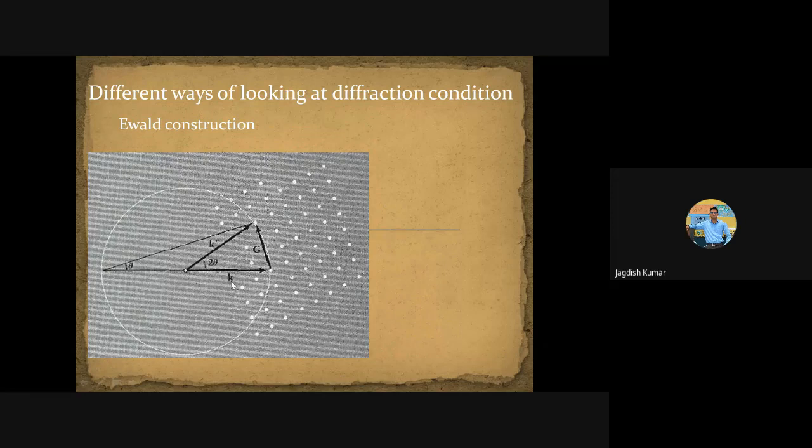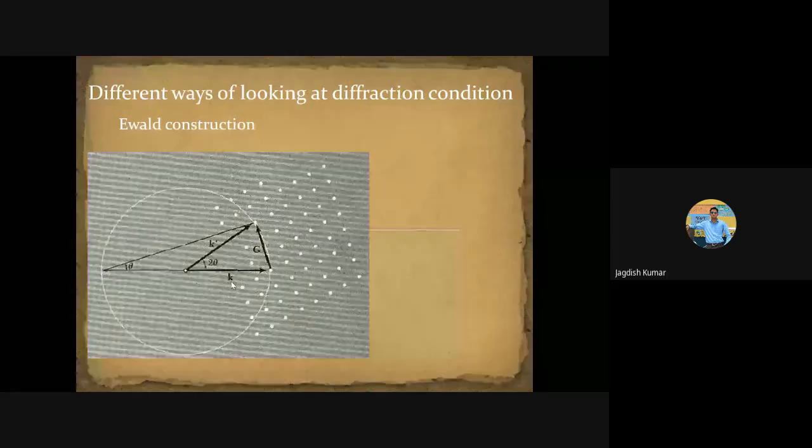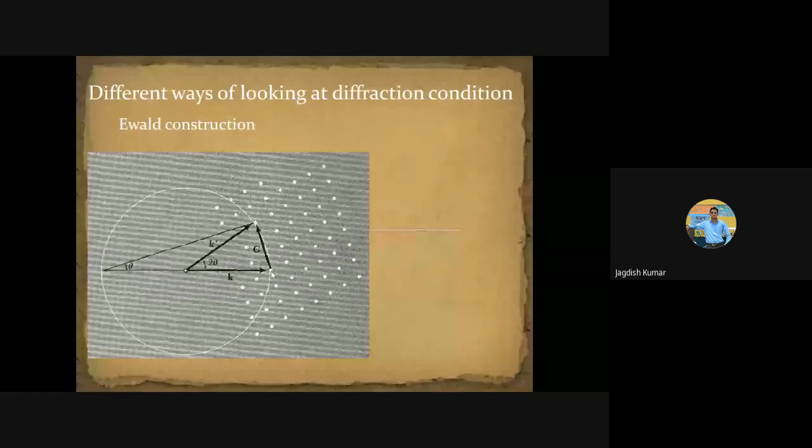So the length depends on the wavelength of the incident X-ray beam, and its direction is along the direction of the incident beam. This vector is drawn from a point such that it terminates at one of the lattice points in the reciprocal lattice.